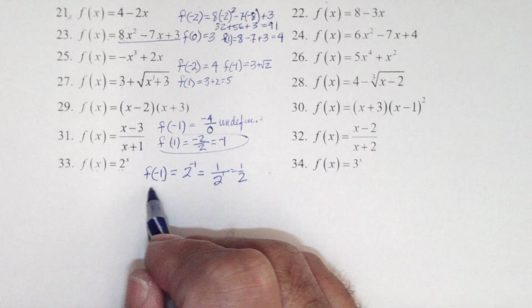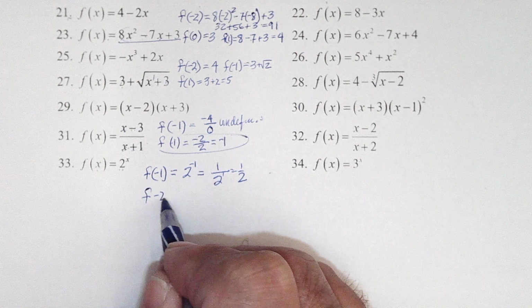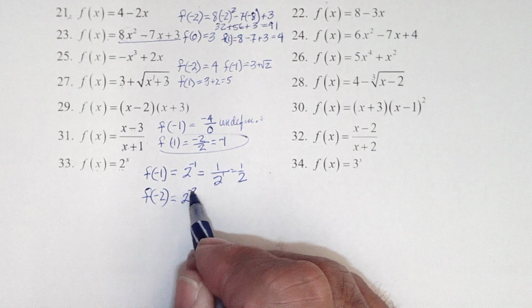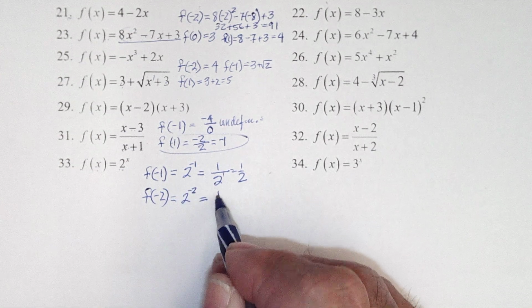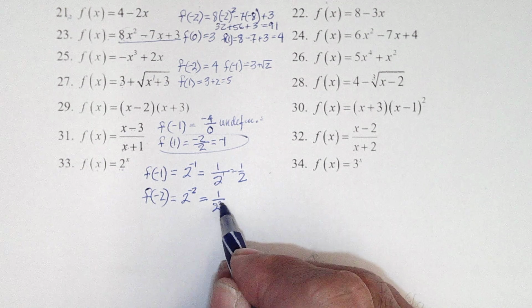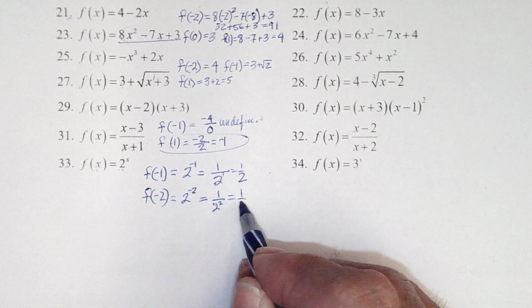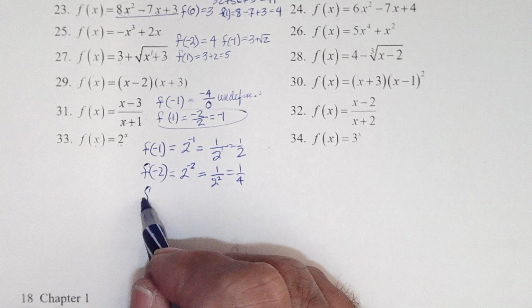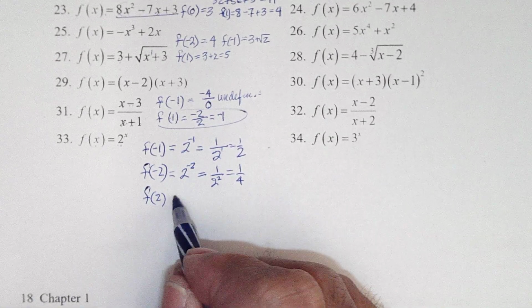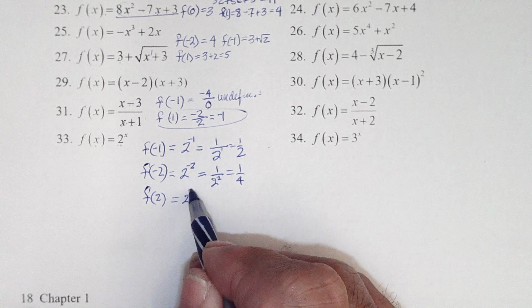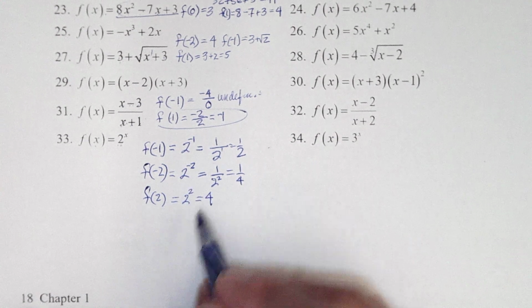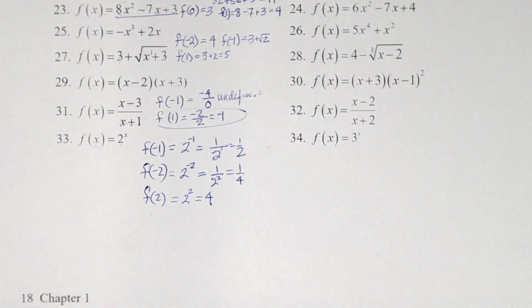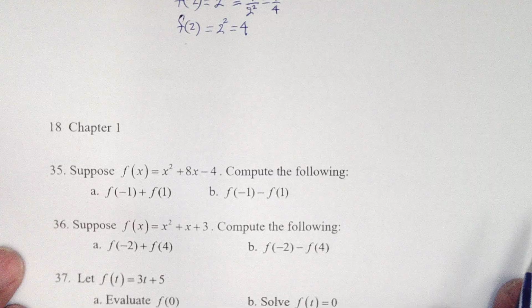And if you do f of minus 2 on this, that'd be 2 to the minus 2, which is 1 over 2 to the positive 2, which is 1/4. And I'll do f of positive 2. That would be 2 to the positive 2, which just is 4. So it's 3 of the 5 on that one. Okay.